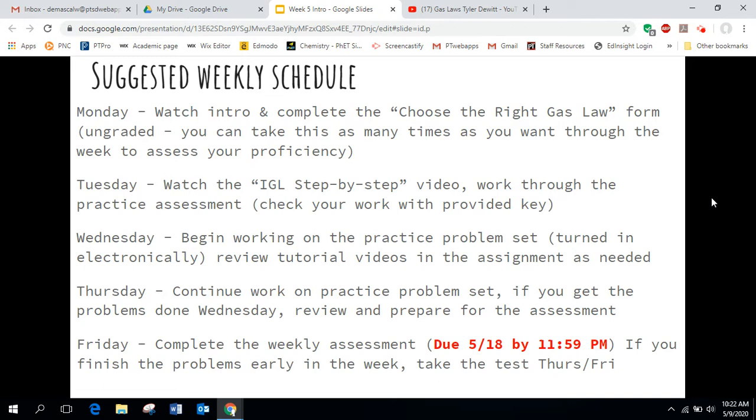It's not graded. It's there for you to take as many times as you want to improve your proficiency. I think I can set it up to shuffle around the questions so they're not always in the same order. So I'll make sure that that's done too. So watch the intro video, do that choose right gas law form, hopefully Monday.